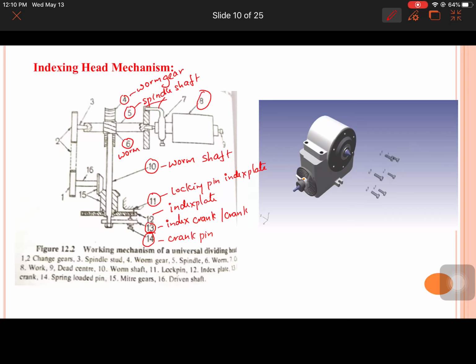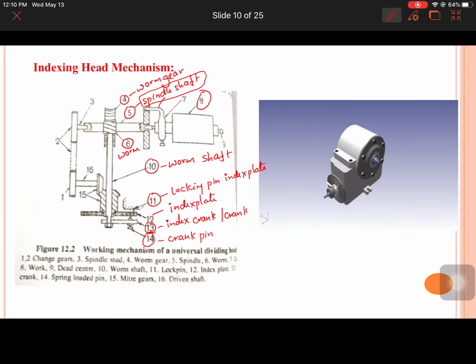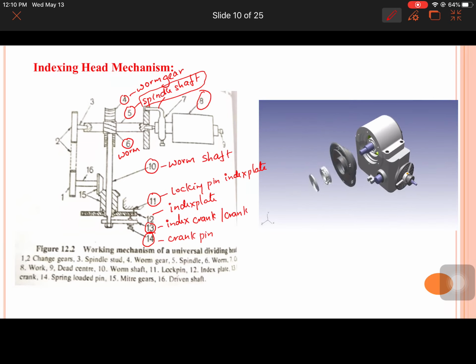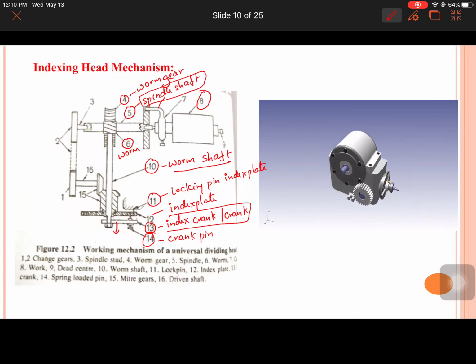If you want to rotate this spindle shaft, then that rotation is possible through the index crank rotation. If you rotate this index crank, then this worm shaft is going to be rotated, and the worm shaft is transferring the motion to the worm through the worm gear, and the worm is placed on the spindle shaft, so the spindle shaft is going to have the rotation.